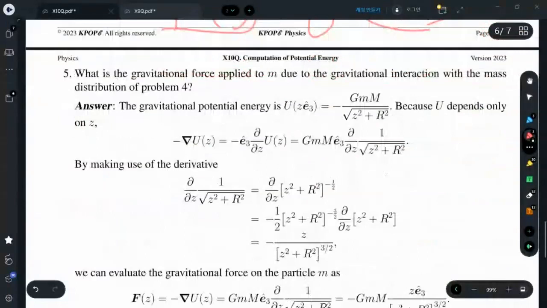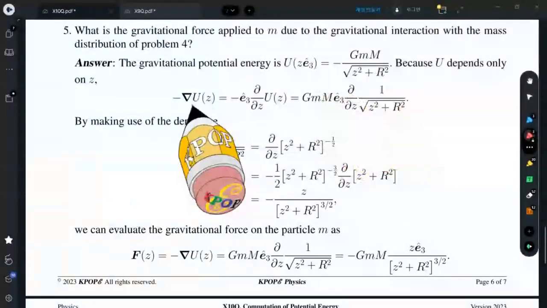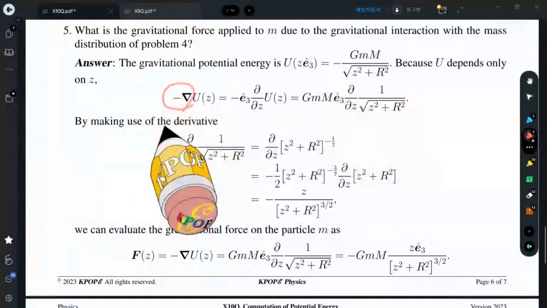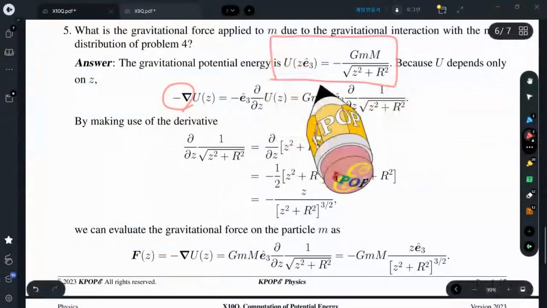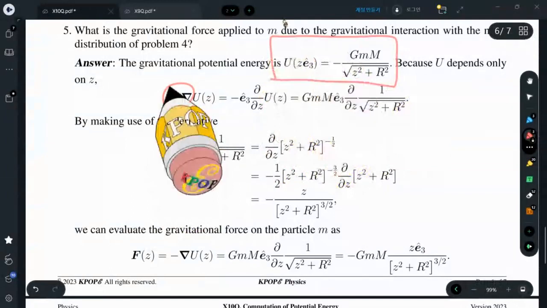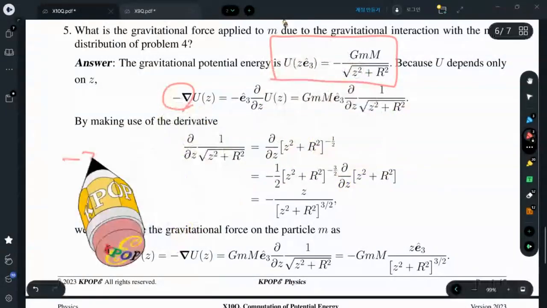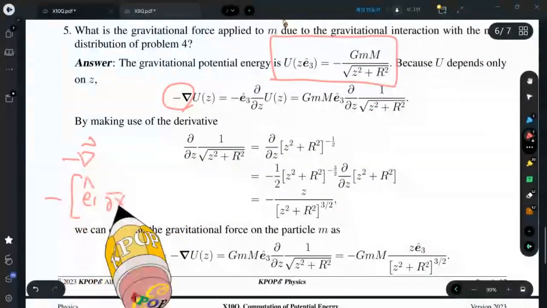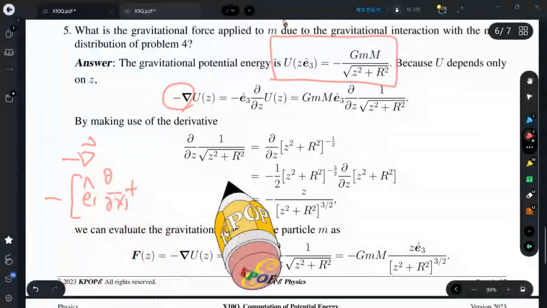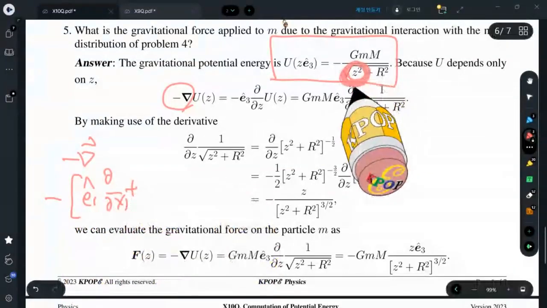And using that one, I can apply the minus gradient. This is the potential energy, and we have the negative gradient, which is the negative of e1 x derivative, y derivative, z derivative. What we have is only z dependence.